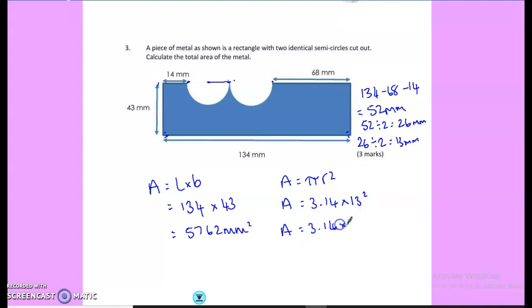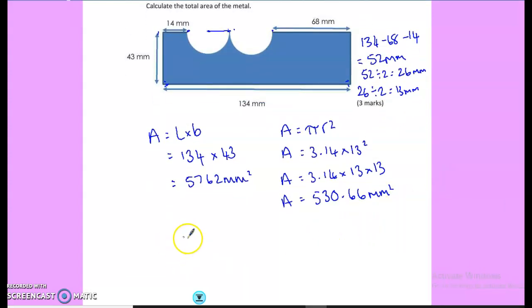Remember, squaring something just means timesing it by itself. So I'm timesing by 13, timesing by 13. And we get 530.66. The area that I'm looking for then is the rectangle with these bits missing.